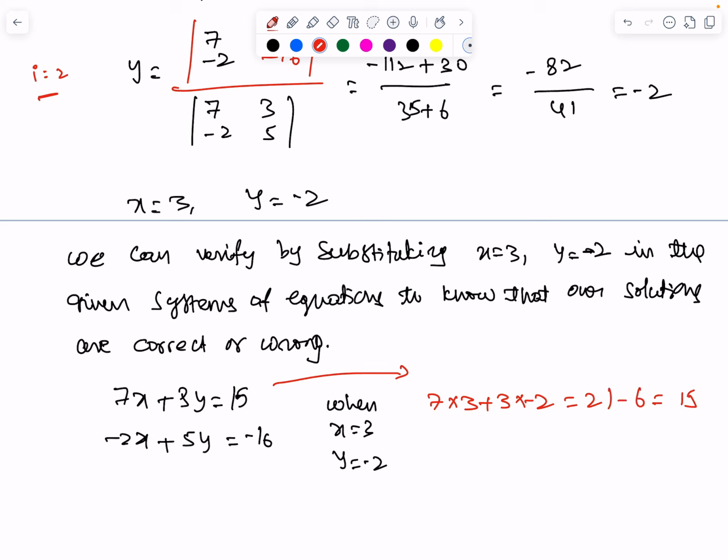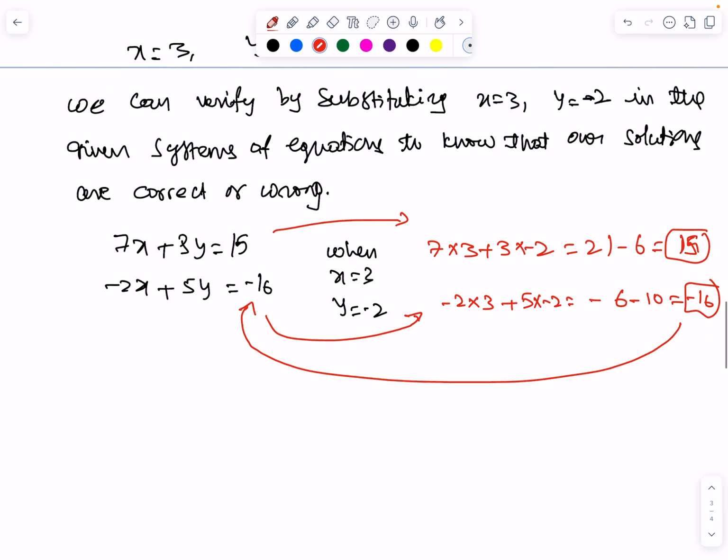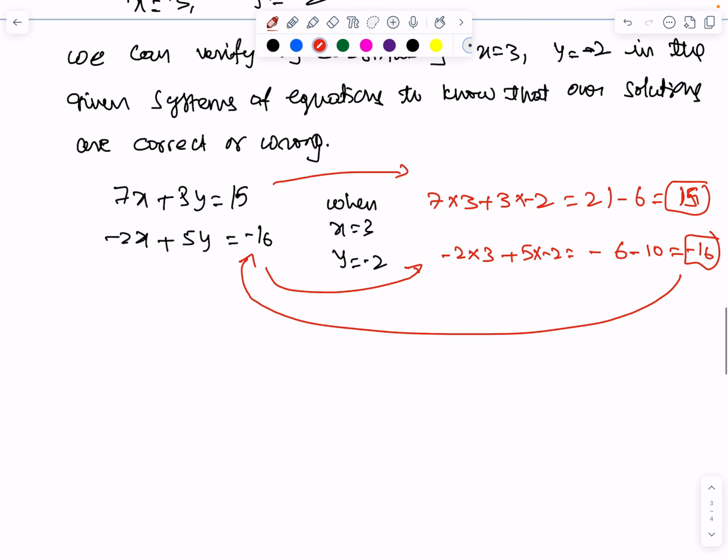Therefore, this is matching with B's first entry. Similarly, if you substitute x equal to 3, y is equal to minus 2, you will get minus 6 minus 10, which is equal to minus 16. Therefore, this is matching with the second entry of B. Hence, our answers are matching. Therefore, our answers are correct.